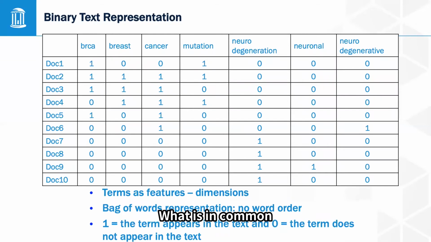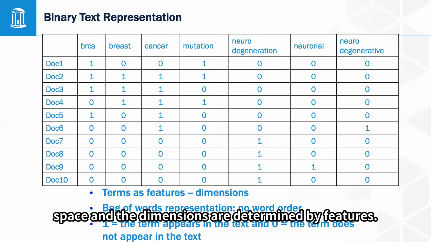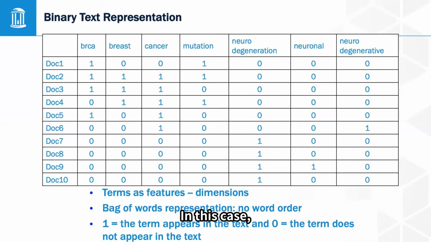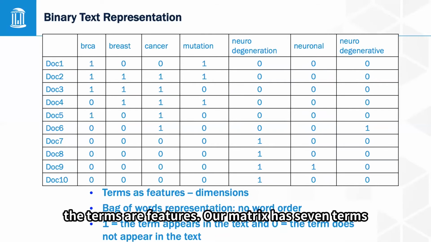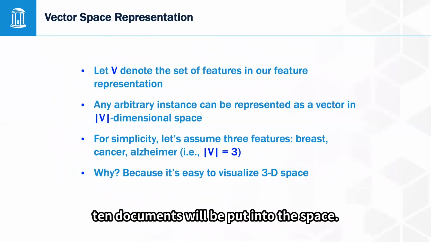What is in common is that you have to define dimensions for your vector space, and the dimensions are determined by features. In this case, the terms are features. Our matrix has 7 terms, thus it defines a 7-dimensional vector space. Then these 10 vectors of our 10 documents will be put into the space.